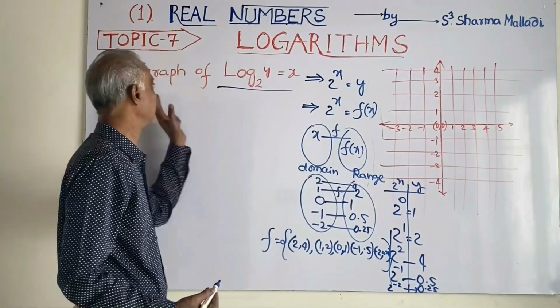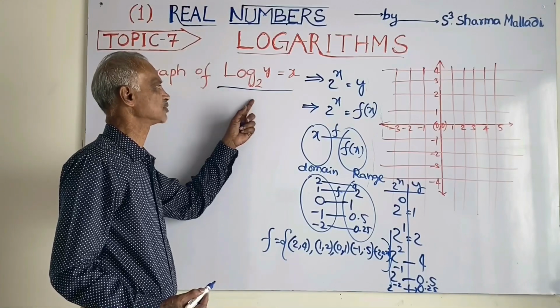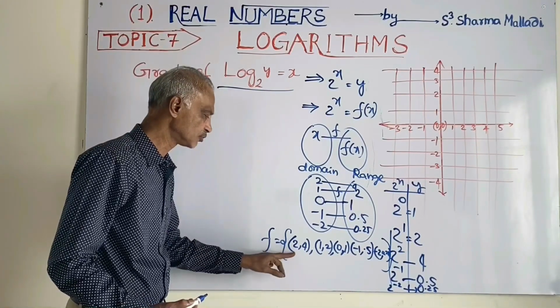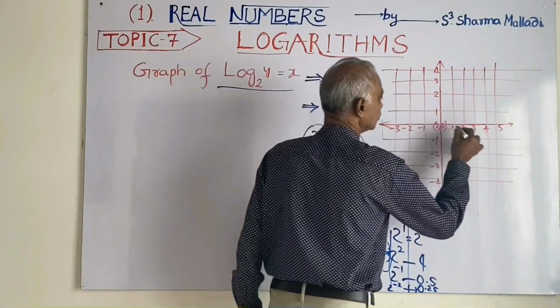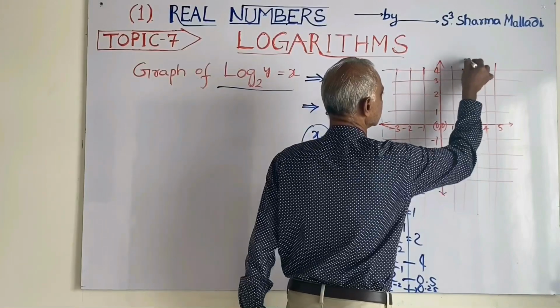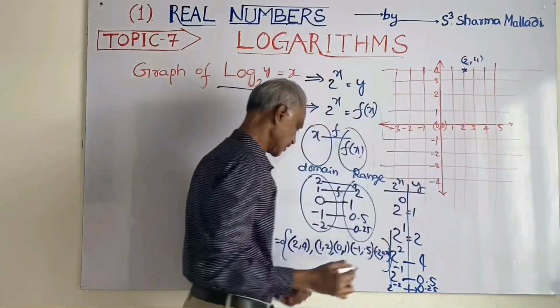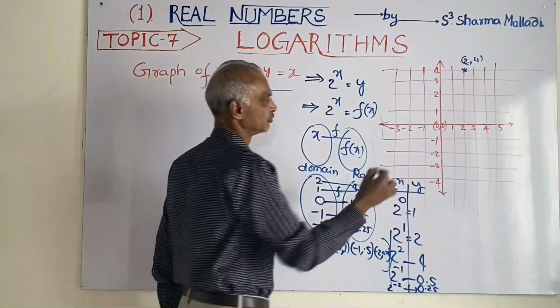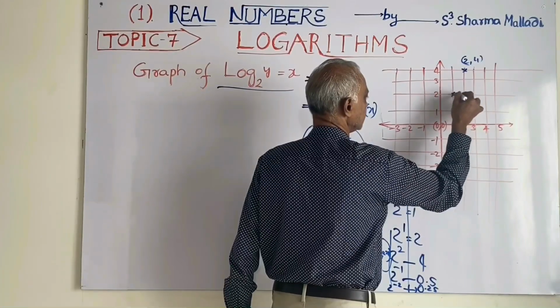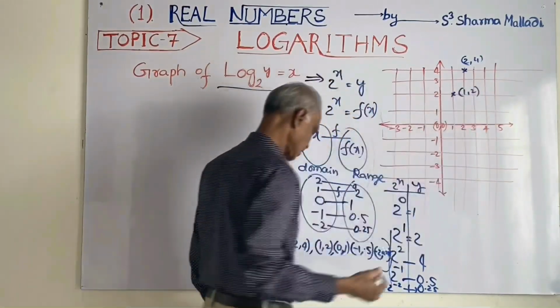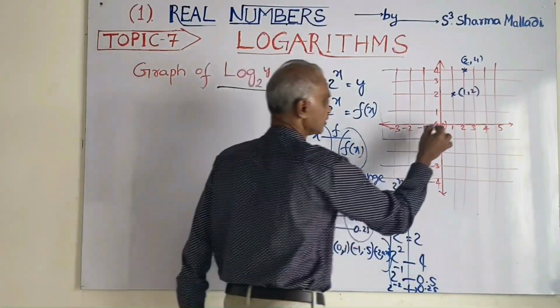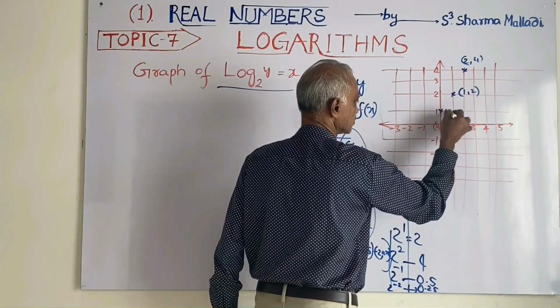You plot the points on the graph. You will get the graph of log y to the base 2 is equal to x. 2, 4: where is 2, 4? 2, 4 will be here. Next, 1, 2 will be here. And 0, 1 will be here.